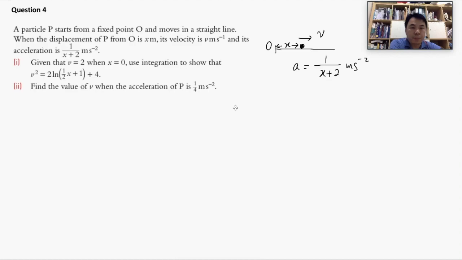Okay, and then given that v is equal to 2 meters per second when x is equal to 0 meters, use integration to show that v squared can be satisfied by this equation. Right.